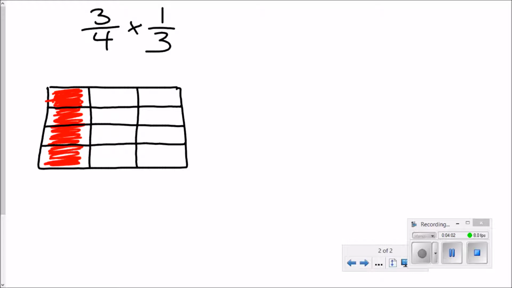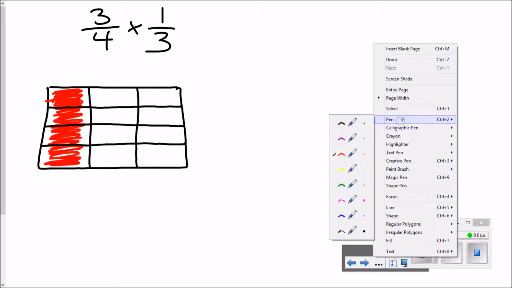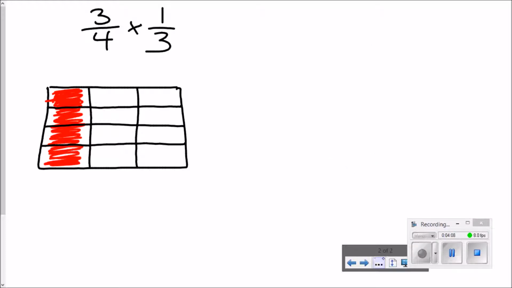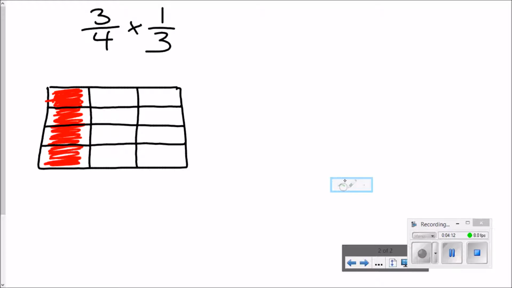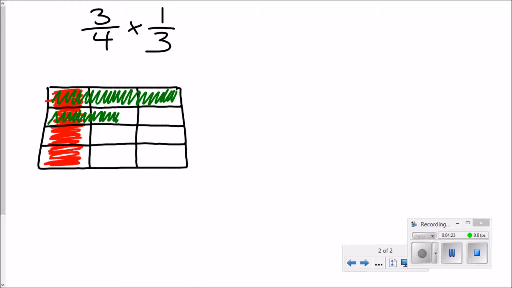So the reason why I shade in the whole part of the model is so that I can see that my answer is really a fraction of the whole thing. So although I'm taking a fraction of a fraction, that answer represents a fraction of the whole model. So I'm shading in 3/4.